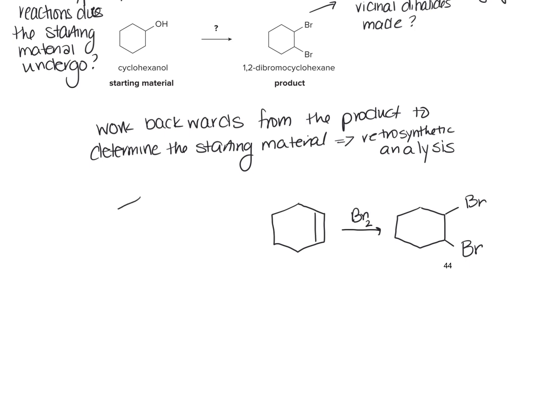Then I ask myself, okay, I've got a starting material of an alcohol. Is there any reaction we've covered where I can take an alcohol and turn it into an alkene here? And if we remember back to our elimination reactions, we know we can use a strong acid.